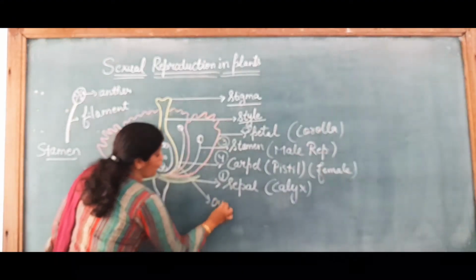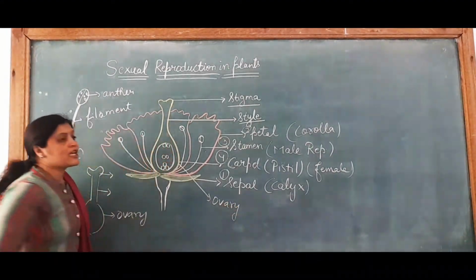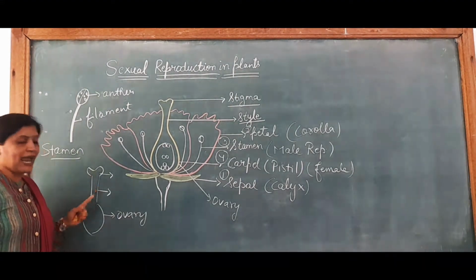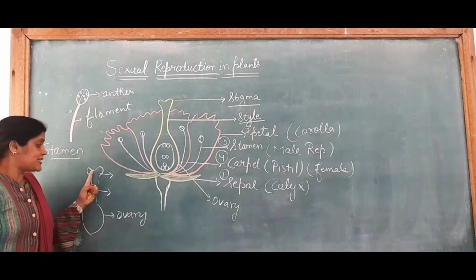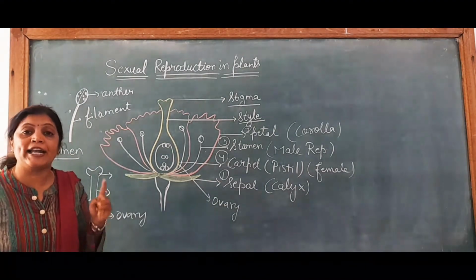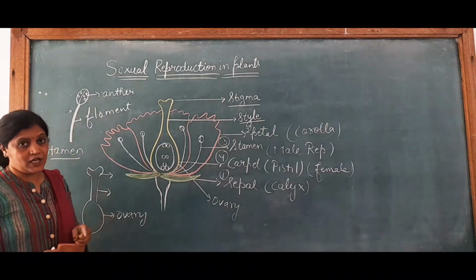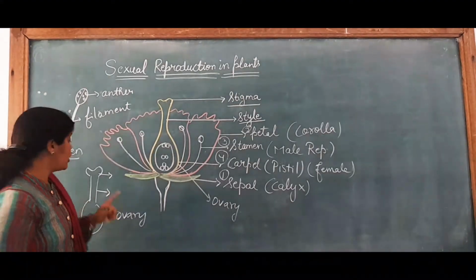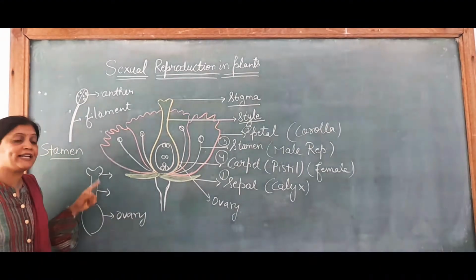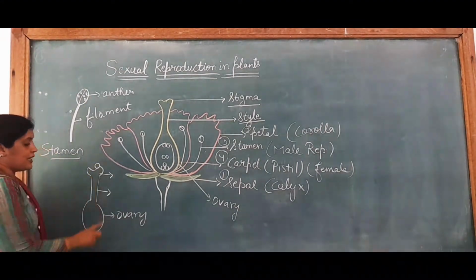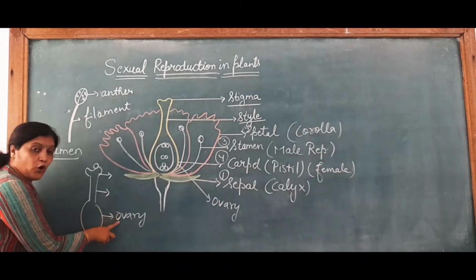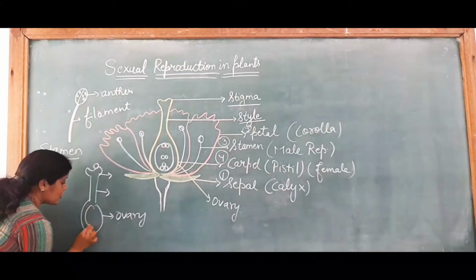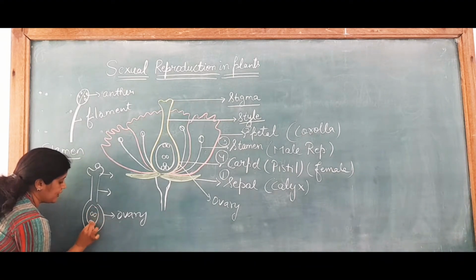So the carpel or pistil has three main parts: stigma, style, and ovary. The stigma is the part where pollen grains come and stick. This is called pollination. This is the style and this is the ovary. The ovary is the swollen part of the carpel in which ovules are present.